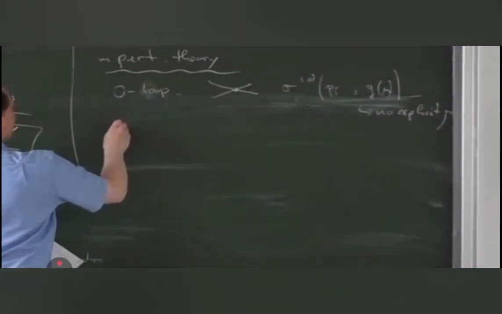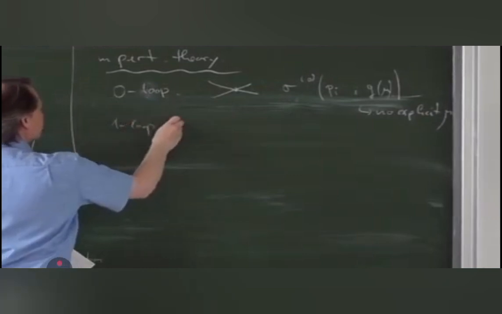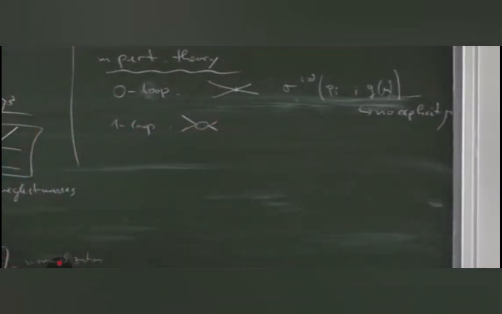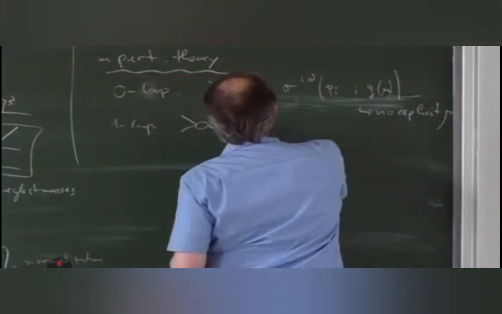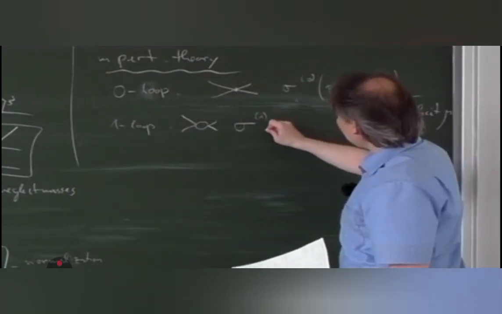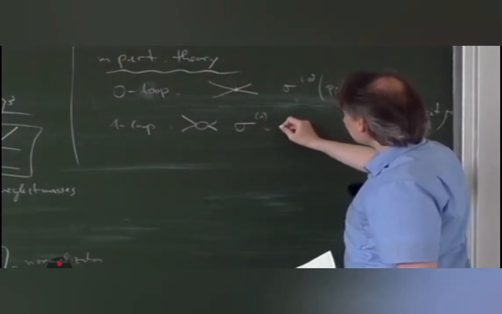What happens at the one loop level? There we have one loop correction Feynman diagrams like this, and maybe also counter term Feynman diagrams. In the end we get sigma one loop. What is the structure of the one loop correction?